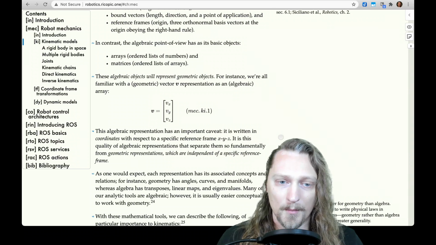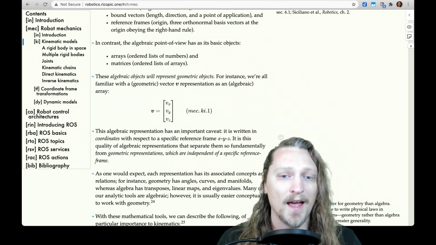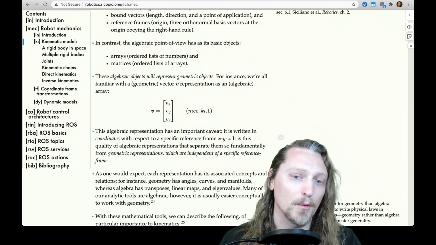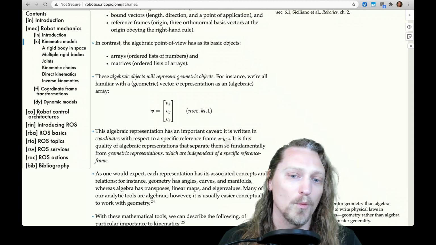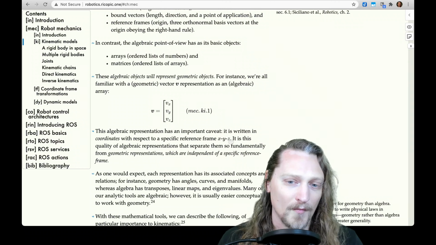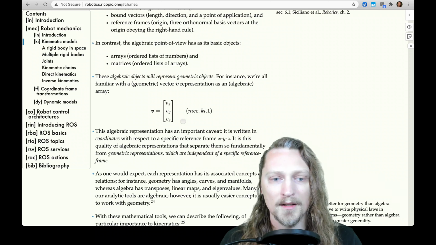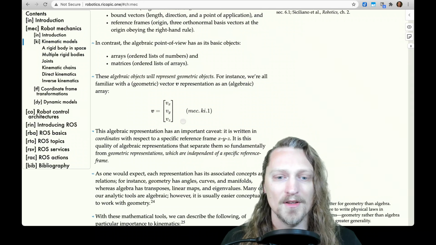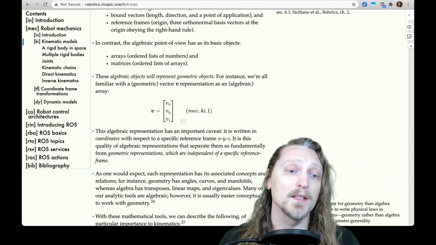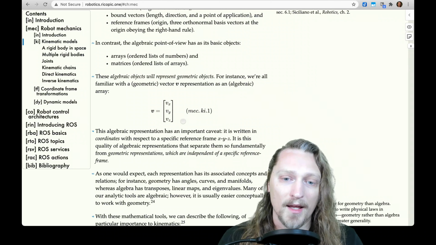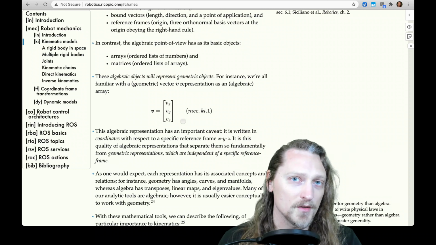This algebraic representation has an important caveat. It is written in coordinates with respect to a specific reference frame x, y, z. See the x, y, and z components listed there. It is this quality of algebraic representations that separates them so fundamentally from geometric representations, which are independent of specific reference frames.